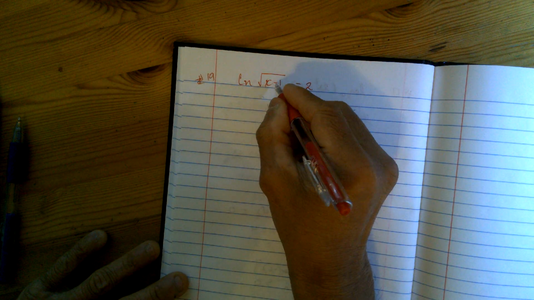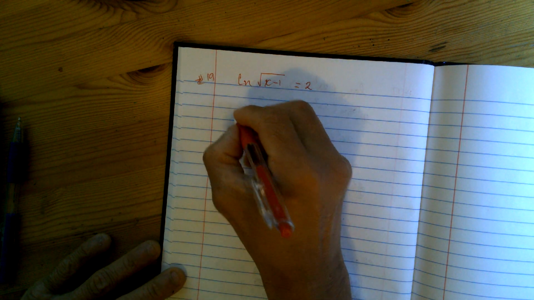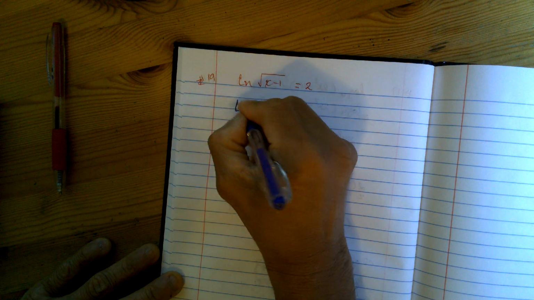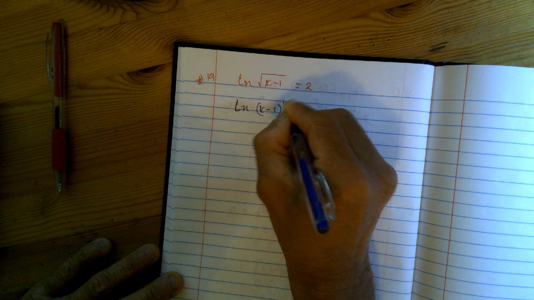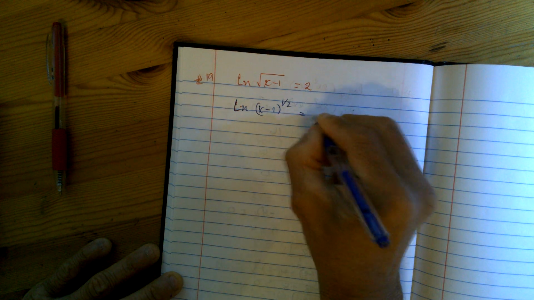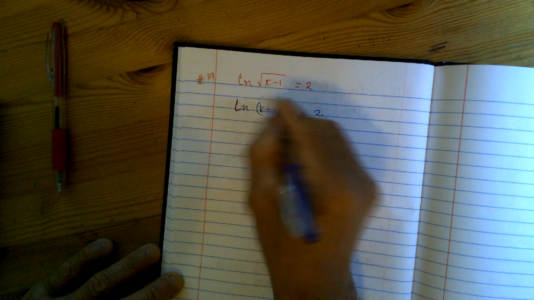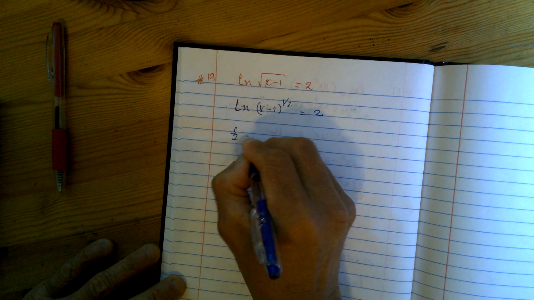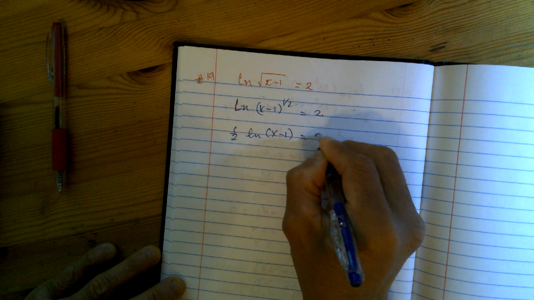I'm going to rewrite this in exponential form. Natural log of x minus 1 to the 1/2 equals 2, and I'm using the power rule to move the 1/2 out in front of the natural log. So that becomes 1/2 natural log of x minus 1 equals 2.